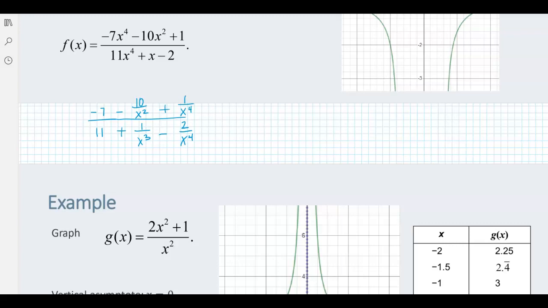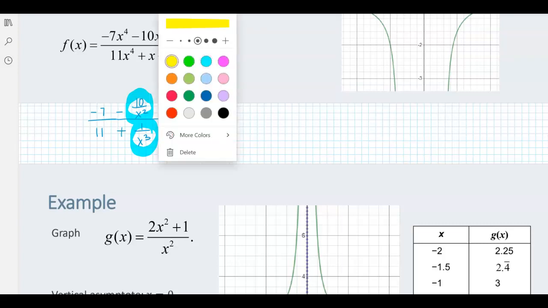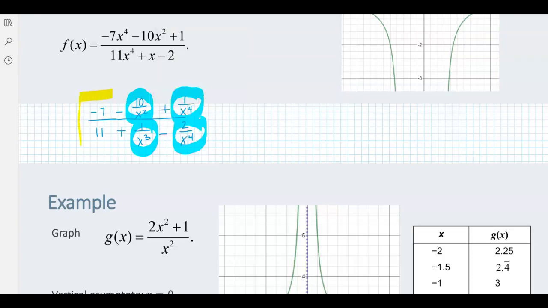When I plug in really, really large values of x, all of these fractions are going to go to 0. We saw that when we were looking at the graph of 1 over x. When you plug really, really large numbers into the denominator, the whole fraction gets close to 0. So when I plug in values at the extremes, really far towards positive infinity or negative infinity, the only two values that really end up mattering are these two.